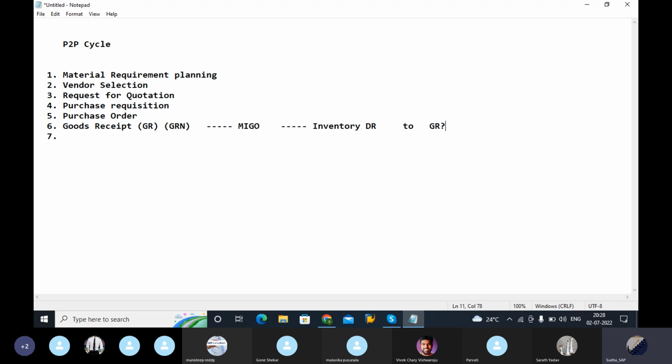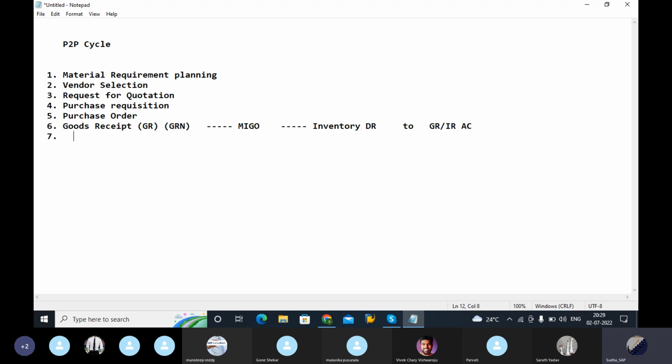The GRIR account is a temporary account. This is the entry of goods receipt. When we receive the goods, the journal entry will be passed in transaction code MIGO.